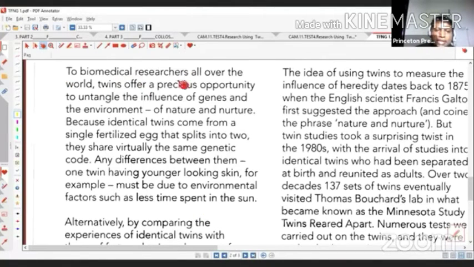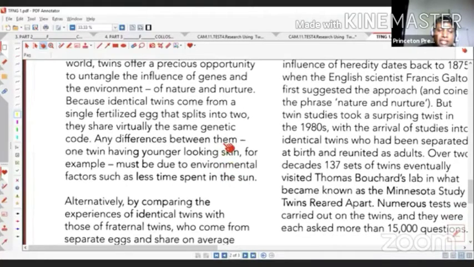For biomedical researchers all over the world, twins offer a precious opportunity to untangle, to find out, the influence of genes and environment, of nature and nurture. Nature is genes and nurture is environment. Because identical twins come from a single fertilized egg that splits into two, they share virtually the same genetic code.